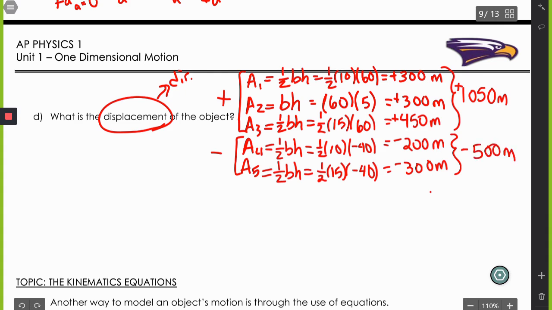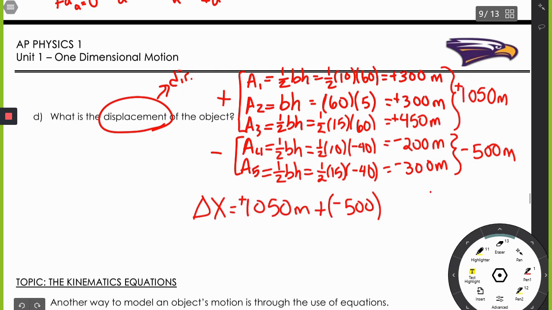So now to find my displacement, I would do my positive value, really I add my negative value, which gives me a total displacement of 550 meters in a positive direction.